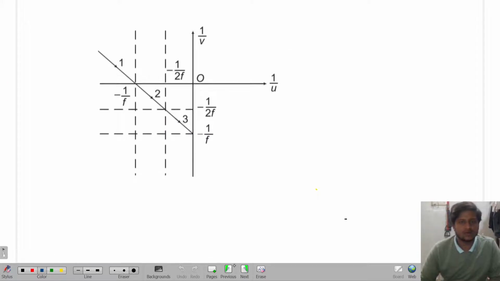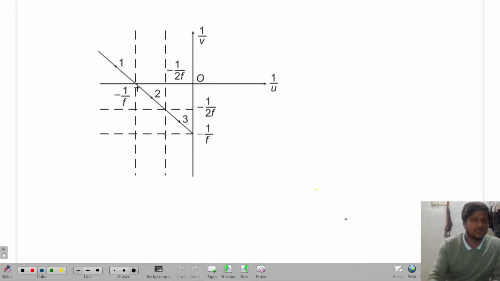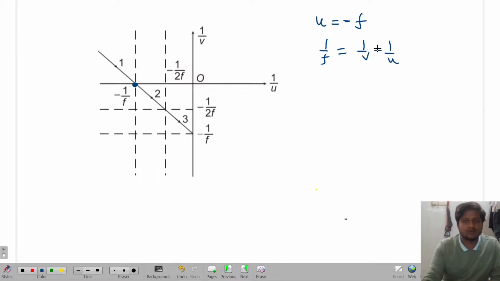See, wait. Here in this graph, they haven't taken the sign convention. If they didn't take the sign convention, try to see this. Let's suppose the image distance is infinity. If the object is at focus, what is going to happen? Try to understand. If the object is at focus, the object distance will be minus of f. You know that 1 by f is equal to 1 by v plus 1 by u.